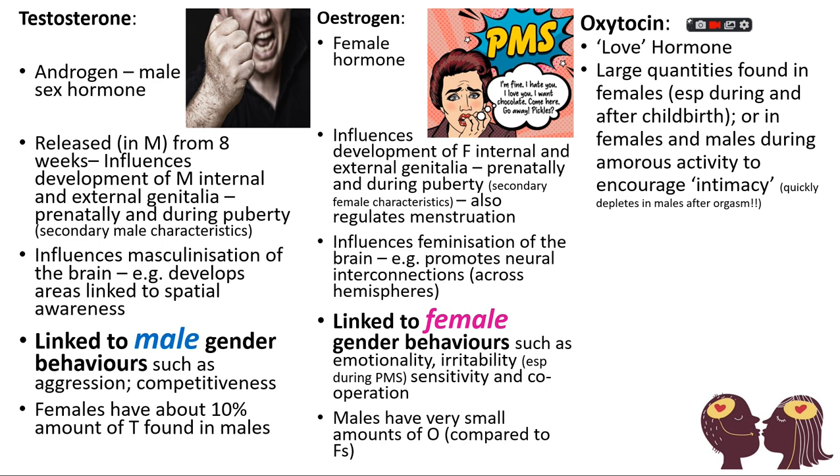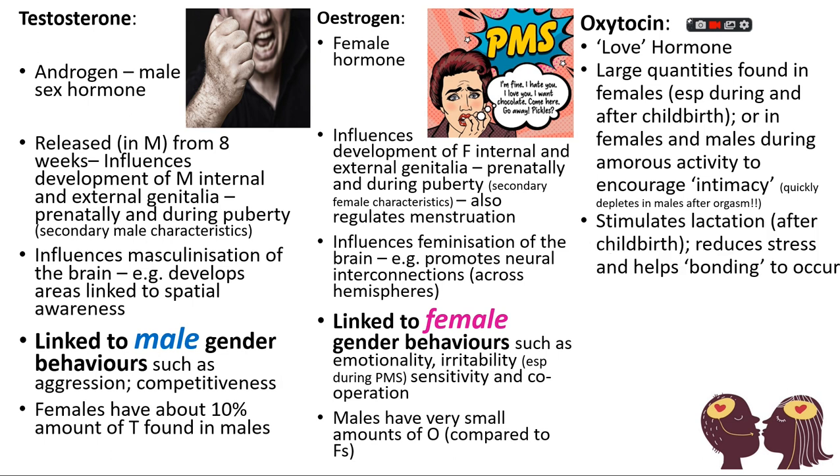Now, for females, there are also huge amounts of oxytocin released during and after childbirth. It's actually what initiates childbirth, and it gets released in huge amounts after childbirth as well, in order to connect the mother to the child. So it's linked heavily to the bonding behaviour that occurs between a mother and her new infant.